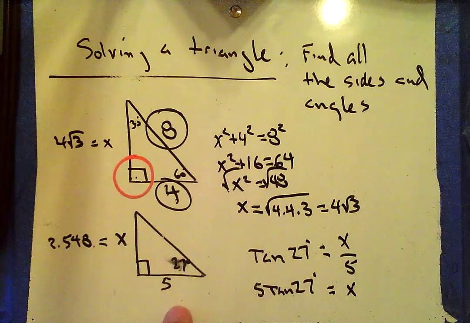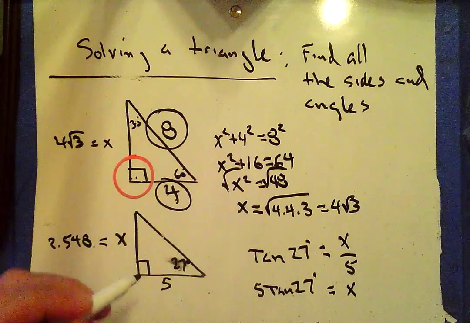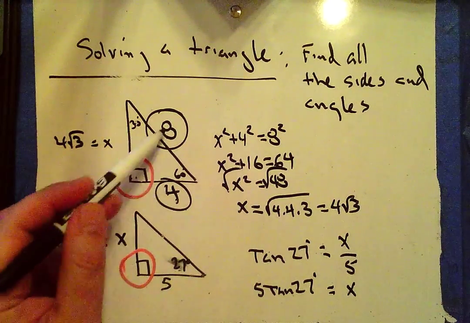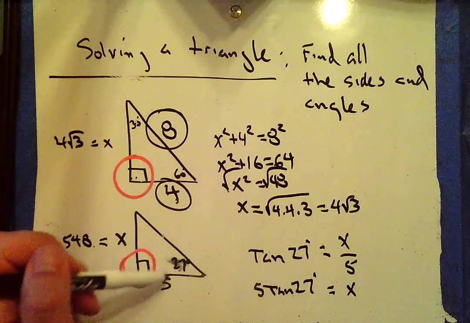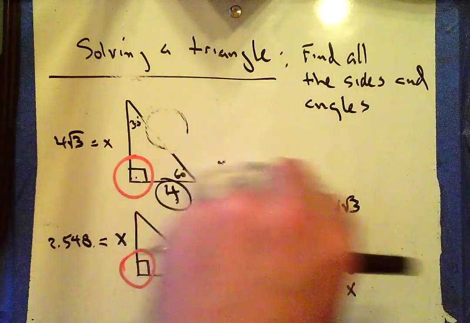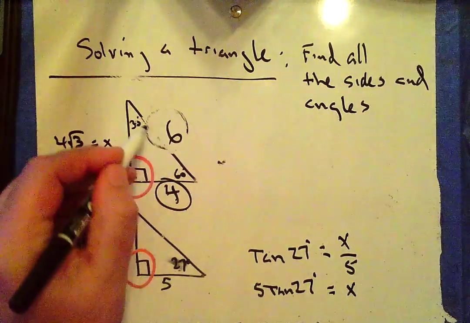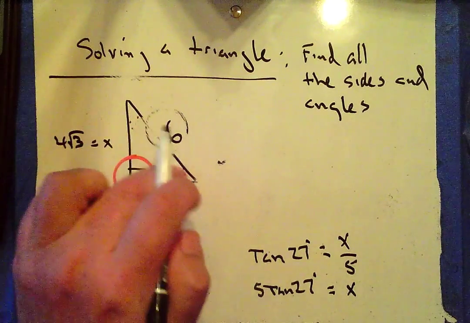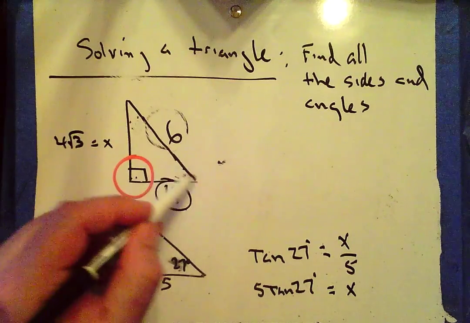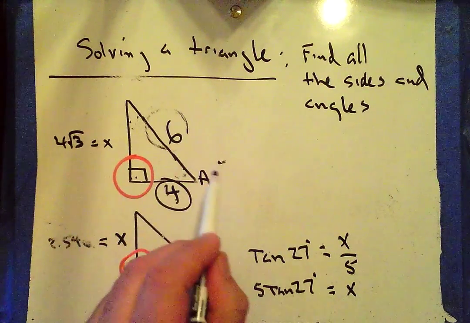I need two pieces of information and the fact that I'm working with a right triangle. Those two pieces of information can be two sides or they can be two angles. You know, if I had a side like a hypotenuse of 6 here, it wouldn't be a 30, 60, 90 anymore, but that doesn't mean I can't find out how big this angle A is.